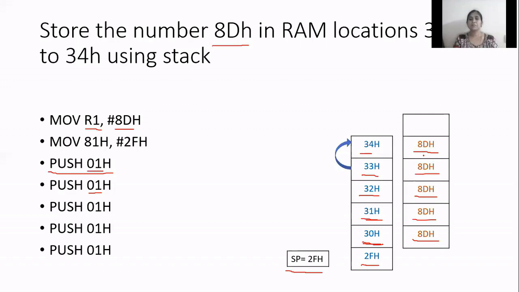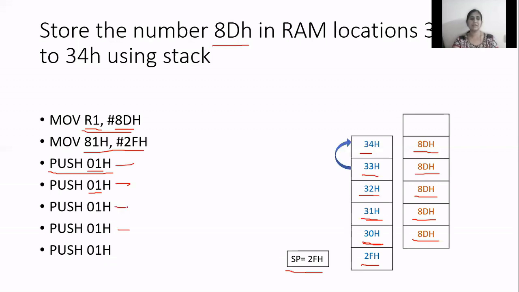So this is my program. What is the intention of the program? The program was asking to store 8DH into the locations 30 to 34H, where we are supposed to use a stack. So what did we do? We first initialized the register R1 with 8D, that is the data, and then the stack pointer is initialized with 2F, and then I'll be doing the push operations 5 times.